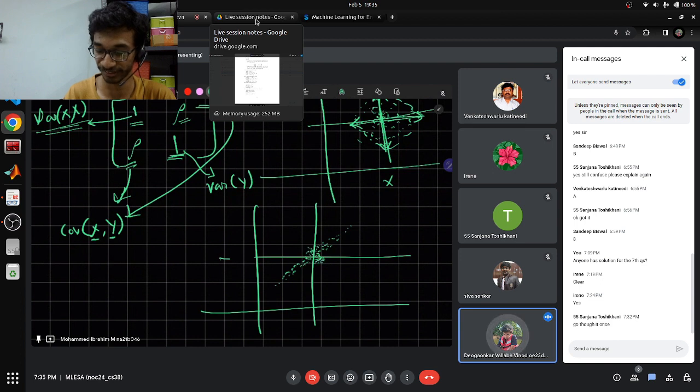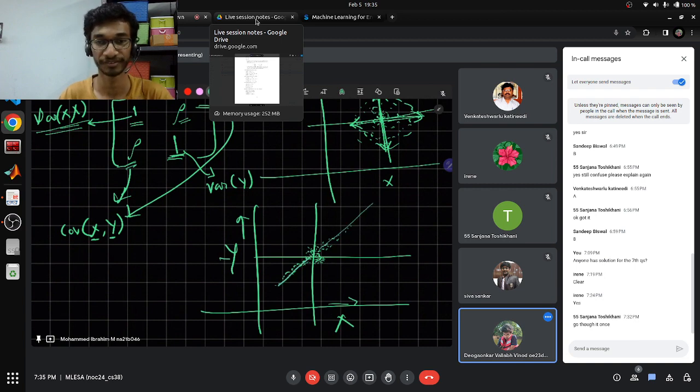Are you noticing what is happening here? Whenever I am increasing x, I am also increasing y. That is essentially what a positive covariance means. I am varying x and increasing it; what is the corresponding change in y?